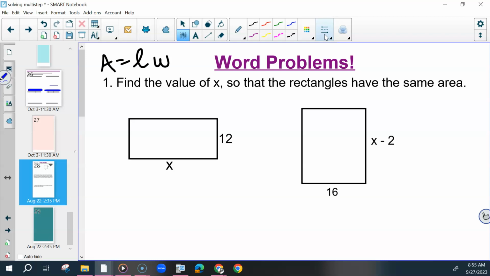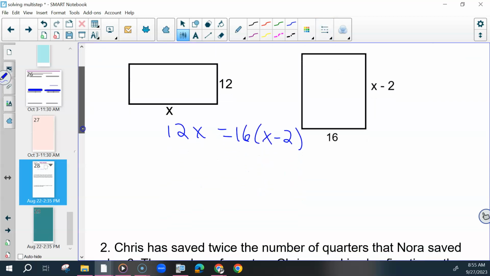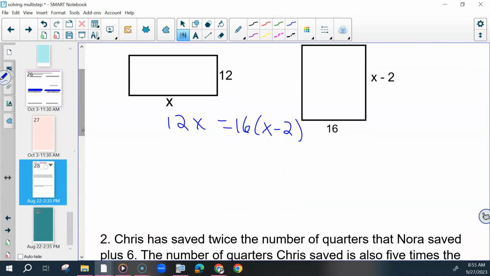So we can multiply these two. 12x equals 16 times x minus 2. So we have our area on both sides, we set them equal to each other, now we have our equation, now we can solve just like normal.